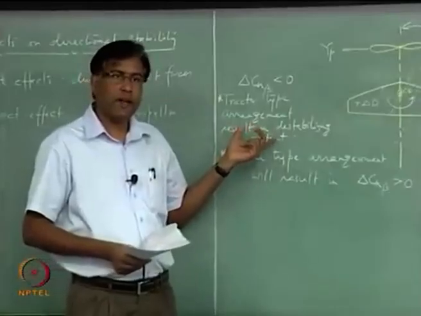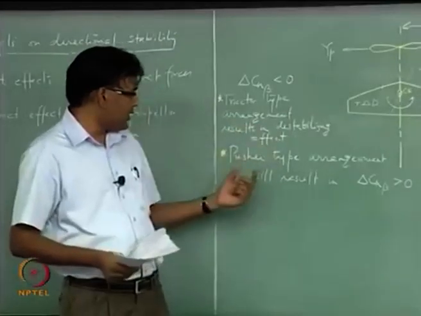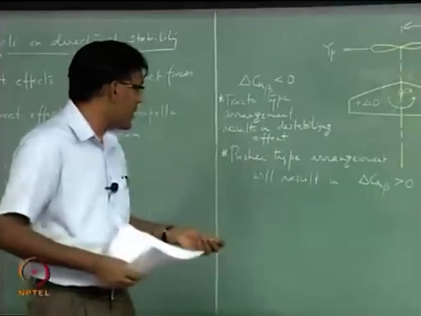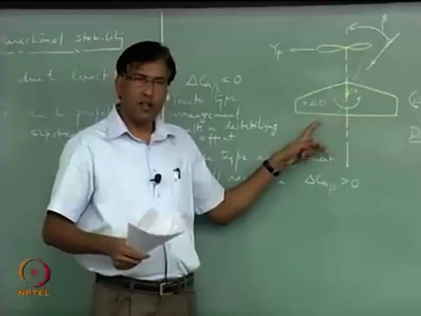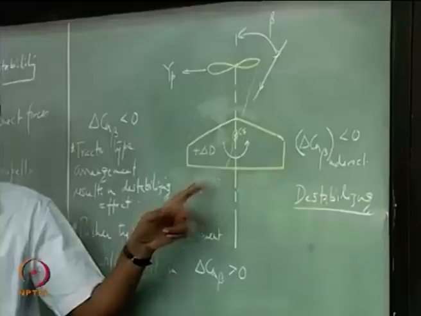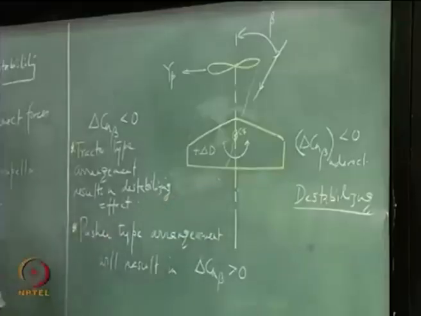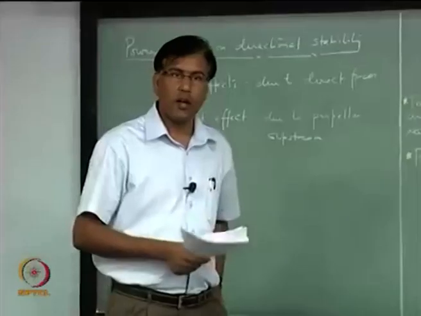right. For the same, now you can argue in the same manner, and you can say that the pusher kind of arrangement can result, for positive side slip, in positive yawing moment, right, and that is a stabilizing effect, right. Cn beta should be greater than 0 for stability in yaw.